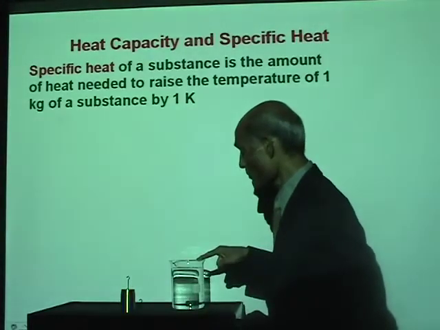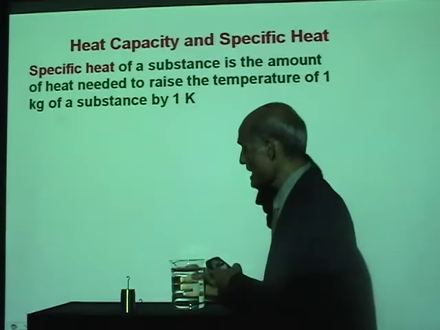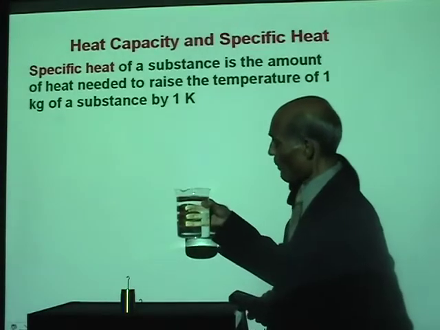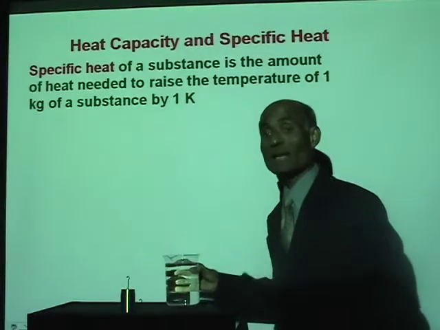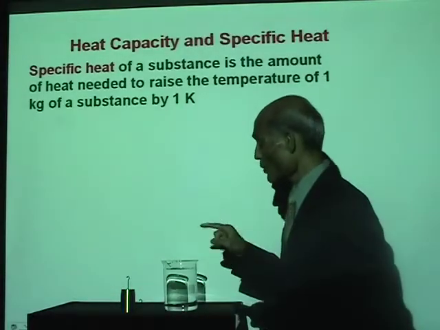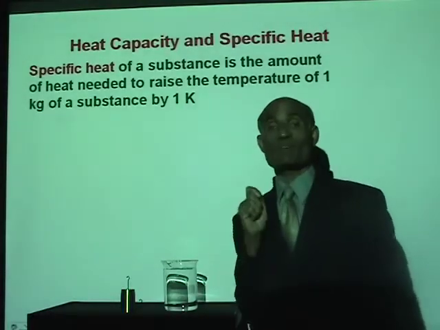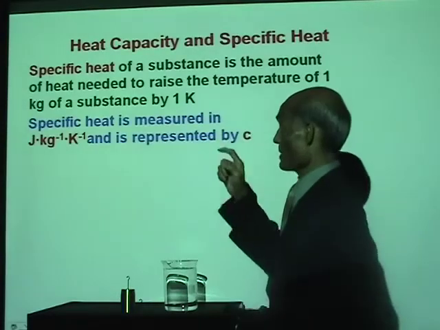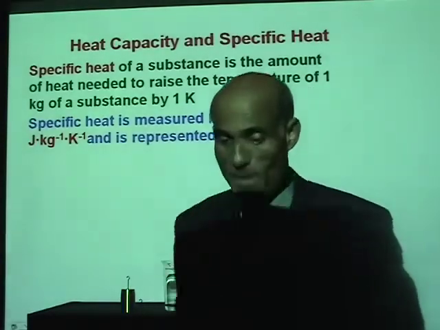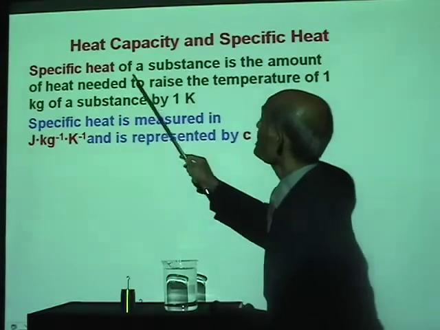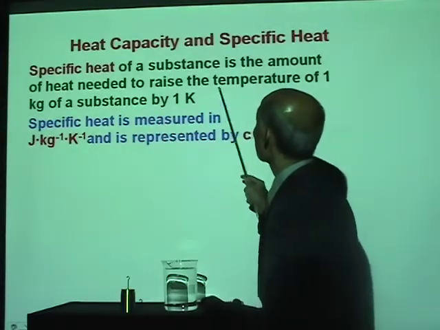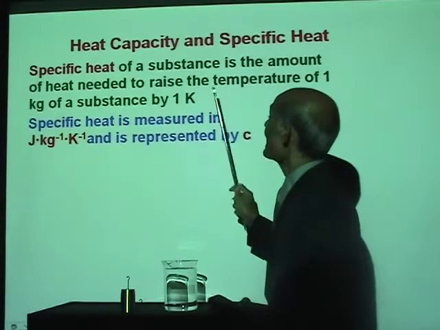So, the amount of heat needed to raise the temperature of 1 kilogram of a substance by 1 Kelvin is called the specific heat of that substance. So, the amount of heat a substance needs to be given to raise the temperature by 1 Kelvin.